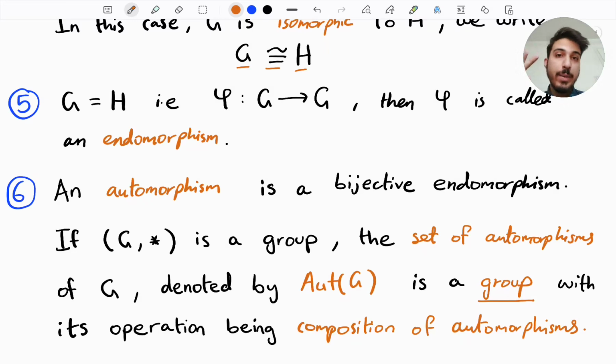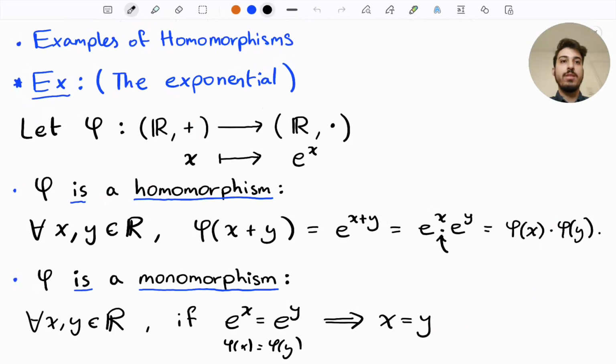And lastly, each element, which is each automorphism in G, has an inverse because automorphisms are bijective. So it makes for a nice group. And this group is studied more in depth in field theory and in Galois theory, two very interesting subjects that follow from the topic of groups.